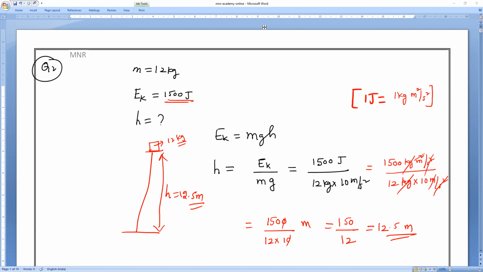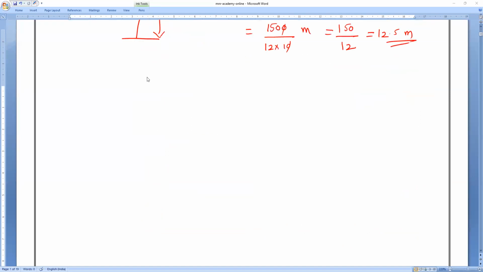Next question. A woman does 700 joules of work done in lifting a 30 kg bucket of water from a well.